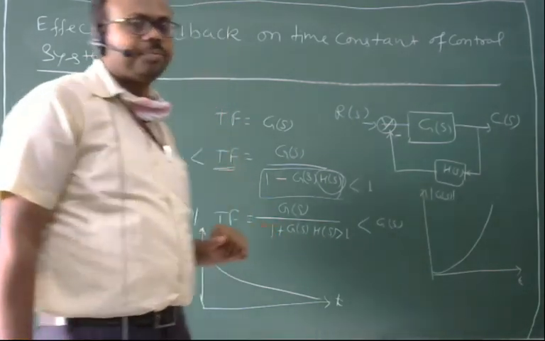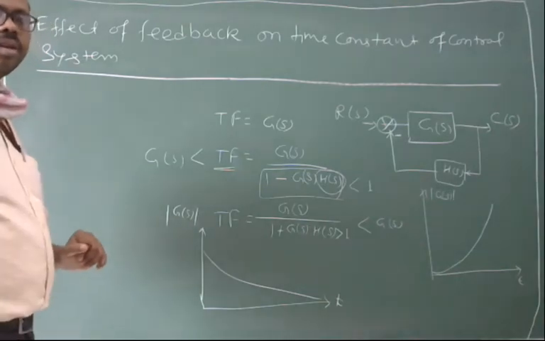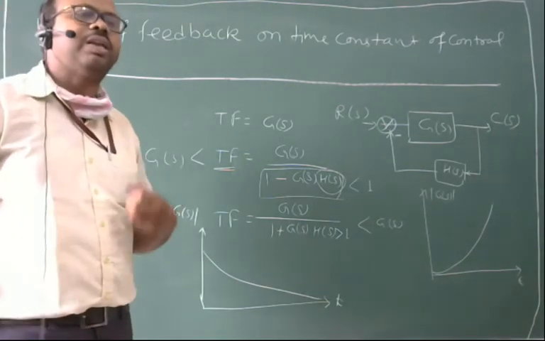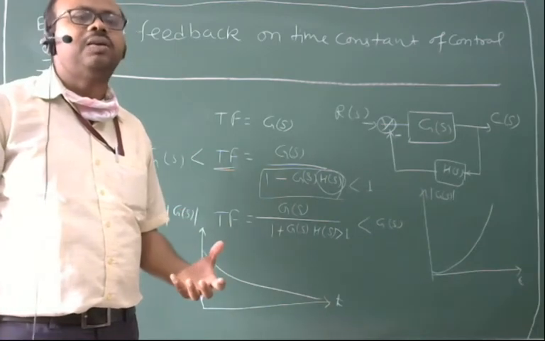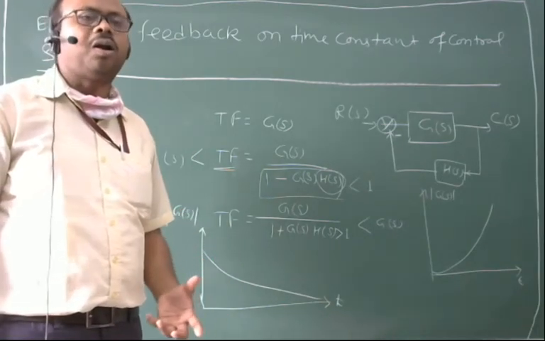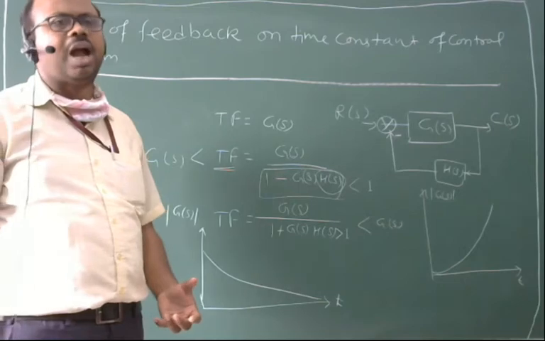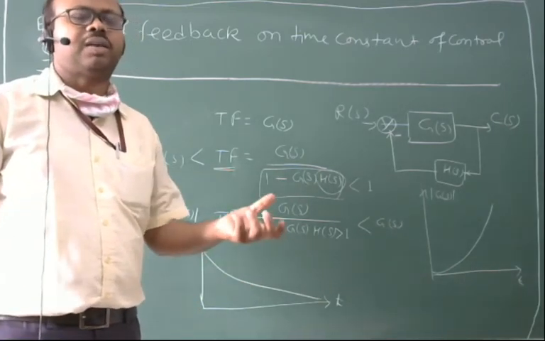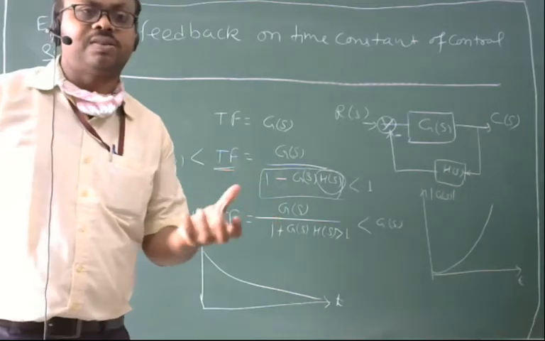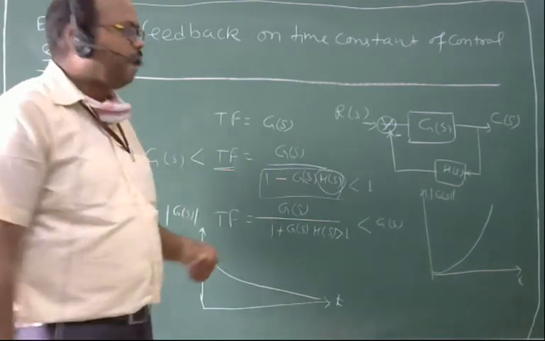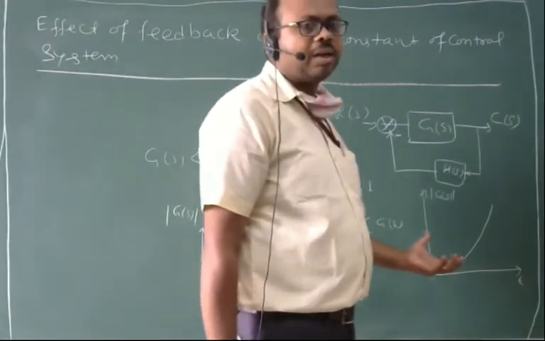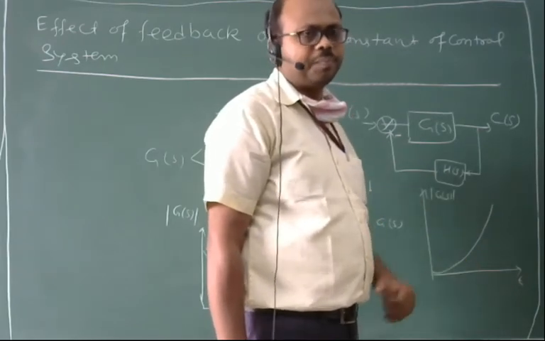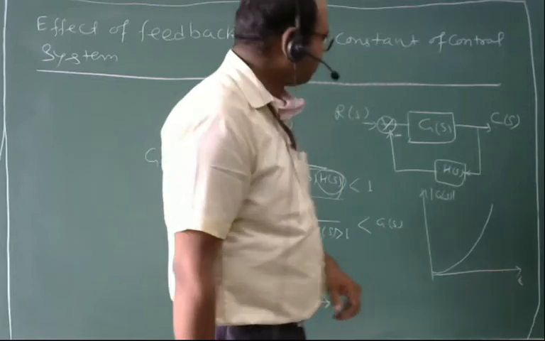Therefore, the system with negative feedback may be stable. Or in other words, negative feedback can make a system stable, and positive feedback can make a system unstable. Right?